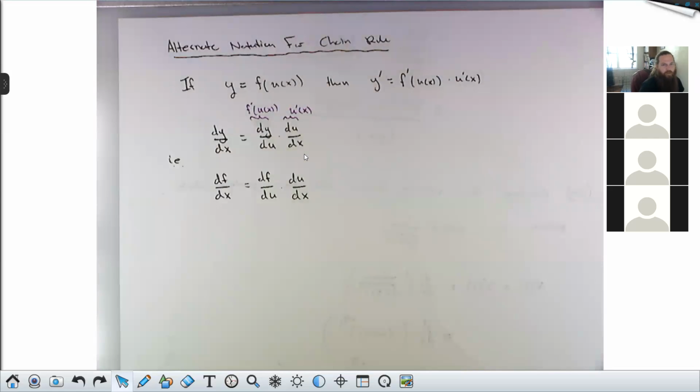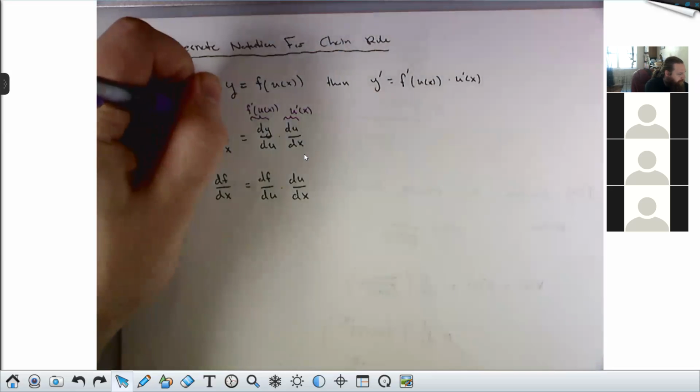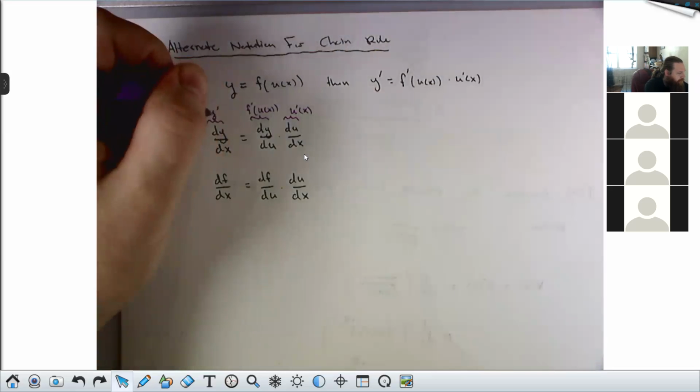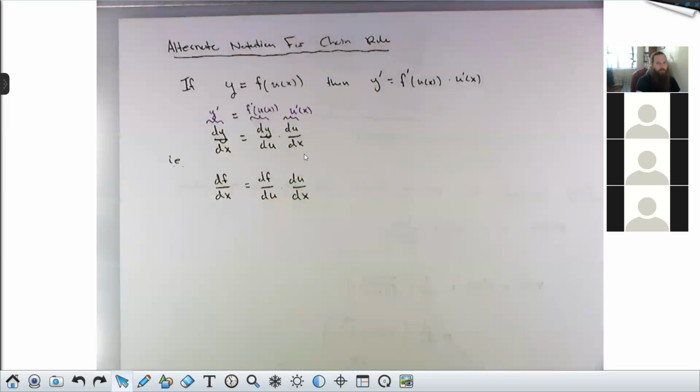That's sort of how those compare. And then the dy dx, that's y prime. So that's sort of the relationship between the two pieces. This piece would be the derivative of the outer with the inner left alone. And this piece is the derivative of the inner.